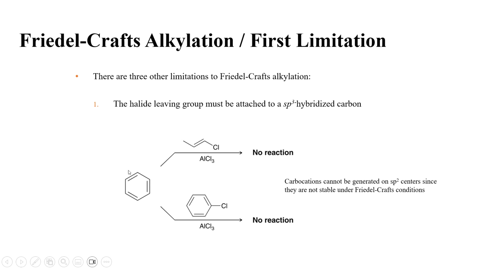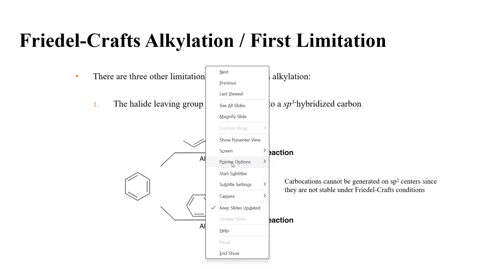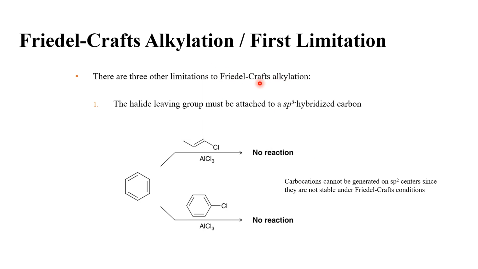But a couple other things I do want to mention is that there are some other limitations to Friedel-Crafts alkylations. One of the other ones is that the halide leaving group should be attached to an sp3 hybridized carbon, right? You can't have this alkyl halide that's sp2 hybridized, because you can't make carbocations on sp2 centers.